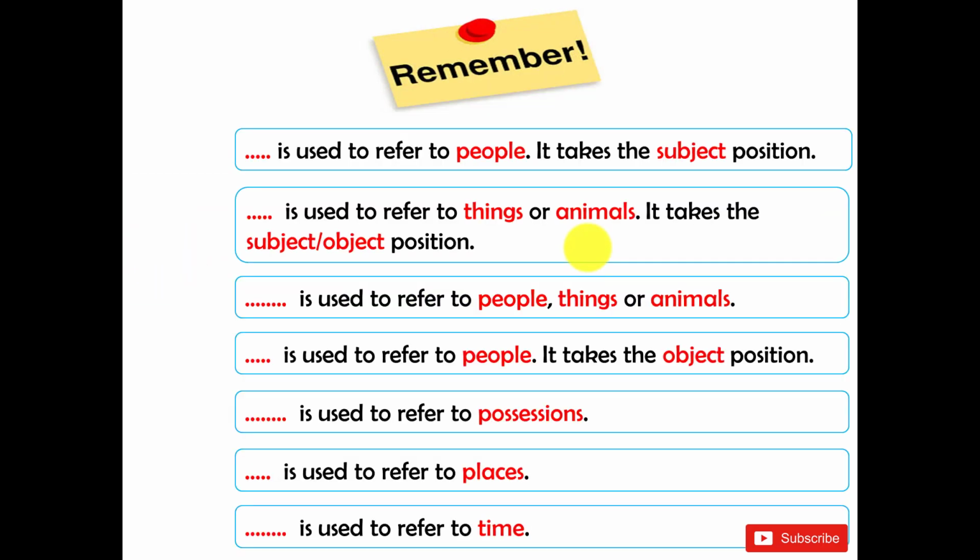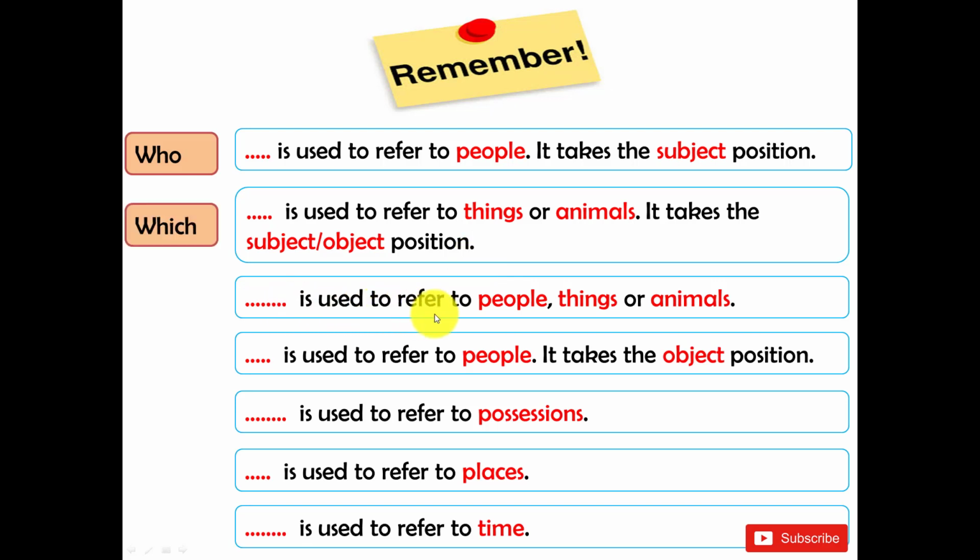Okay, here we have a short quiz. Let's see to what extent you still remember the relative pronouns we have just seen. What is used to refer to people and takes the subject position? Yes, very good, it is "who". What is used to refer to things and animals, and takes the subject or object position? Very good, "which".